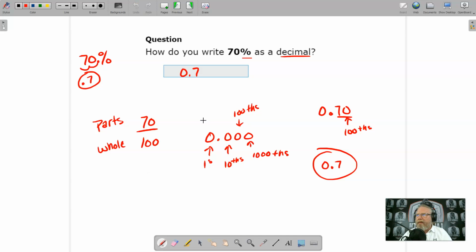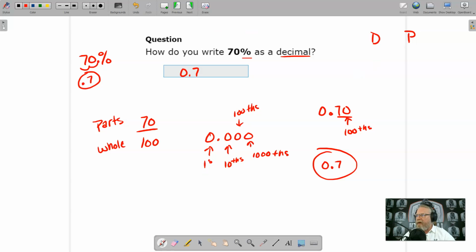Now, I have a little memory device that I like to use for the whole decimal moving thing. If we're going from a decimal to a percent, alphabetically, if we started over here and went A, B, C, D, then E, F, G, H, I, J, K, L, M, N, O, P, we would come to D first as we read from right to left, and then we would come to P later.